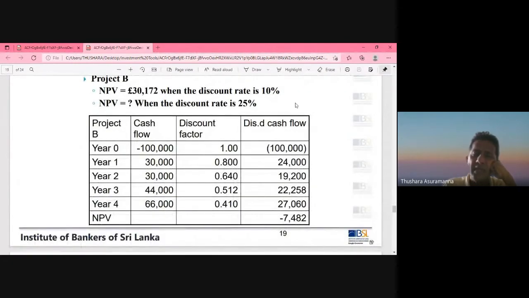For project B, when you select 25%, we ended up with a negative NPV. That is basically our expectation. We need one positive, we need one negative. We need one positive NPV related interest rate, that's 10. We need one negative NPV related interest rate, that's 25. So we have four inputs to compute the IRR for project B.